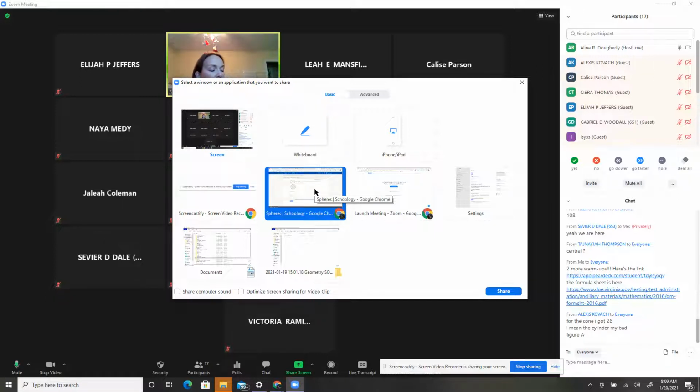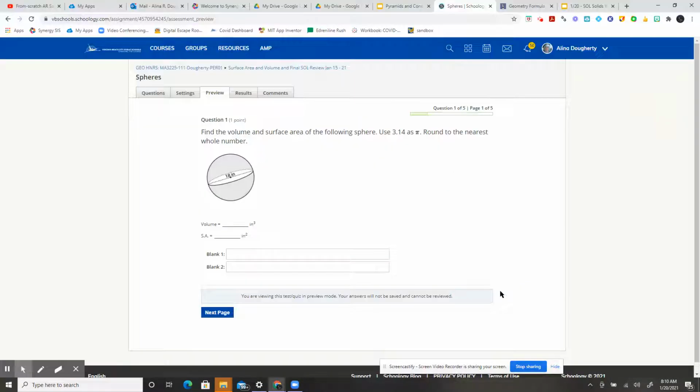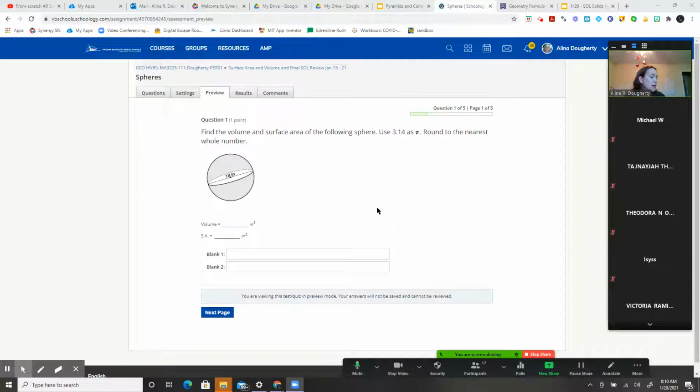Just like yesterday's. You said it was number 5? That's the last one. Okay. I don't like these fill in the blank ones. There's too many ways to make rounding errors.